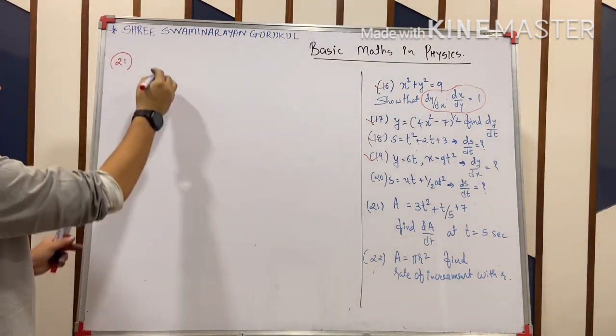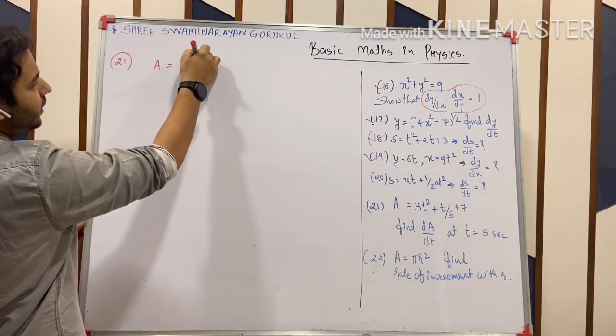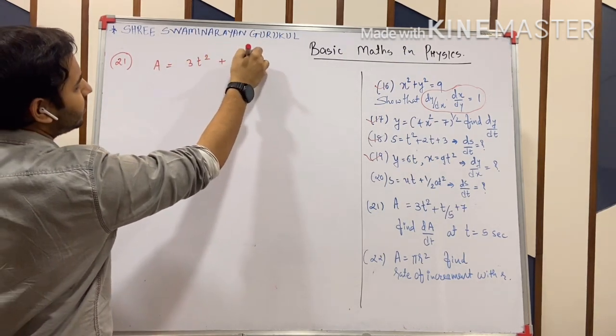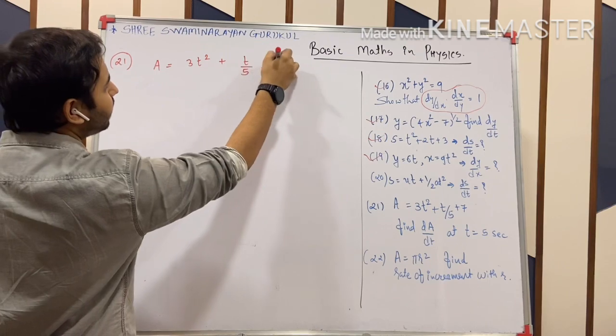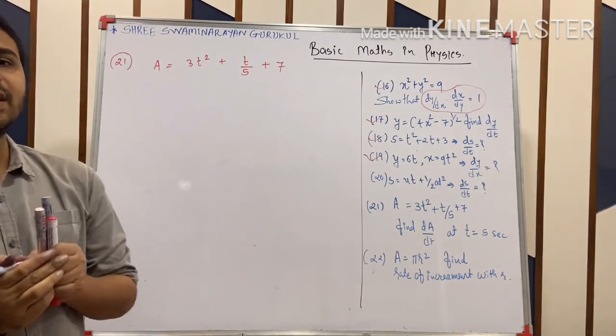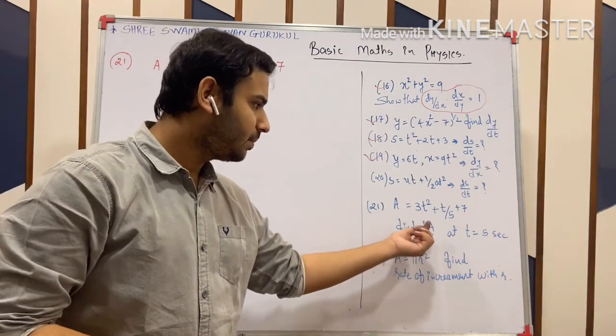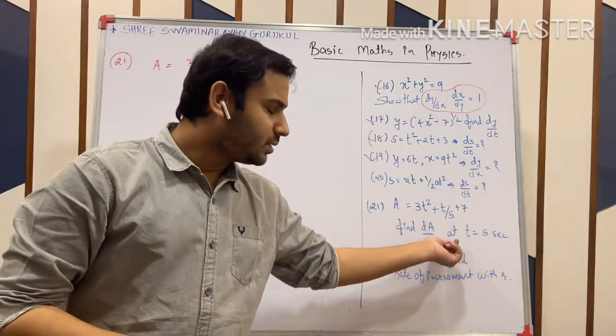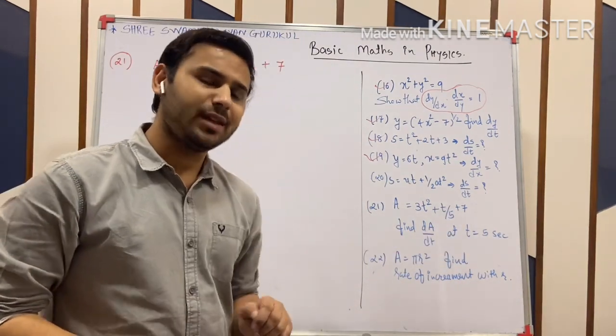A is equal to 3t square plus t upon 5 plus 7. Okay, now what you need to find? dA by dt, that is increment rate, and find the rate at t is equal to 5 seconds.